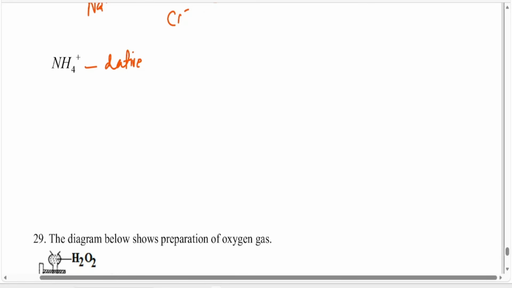So if I use the Lewis structure, it is supposed to appear this way. And then we have the dative bond, and then I close this way with a positive.